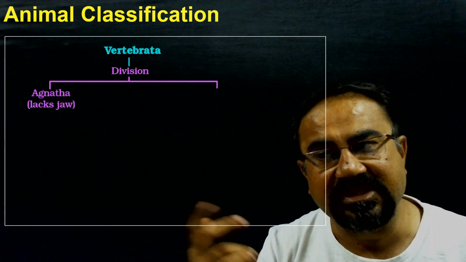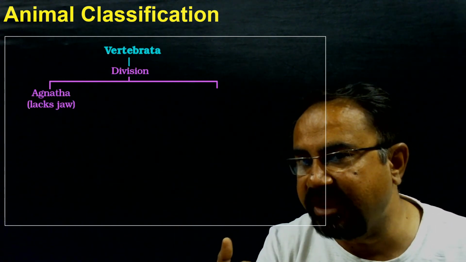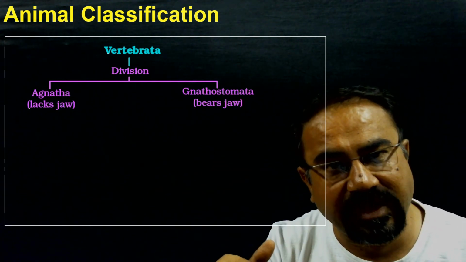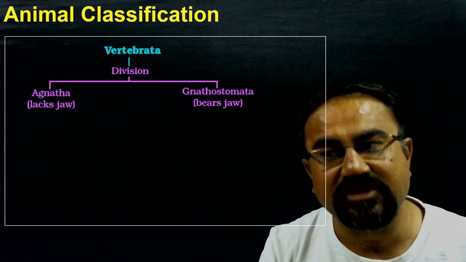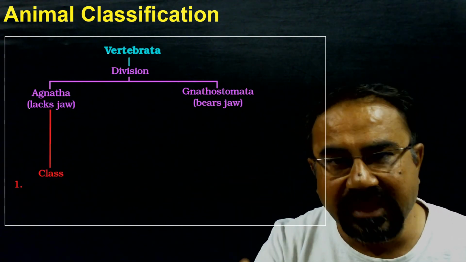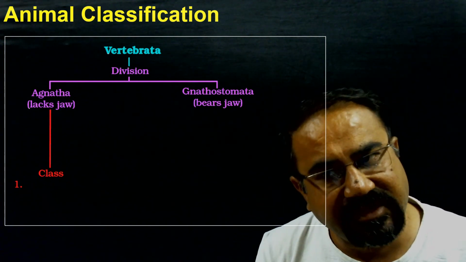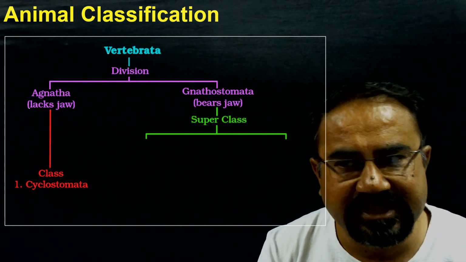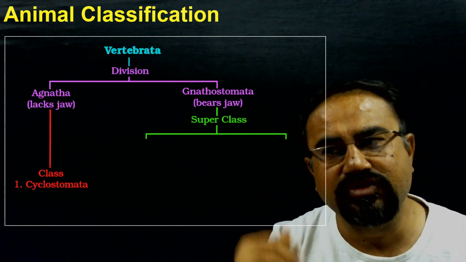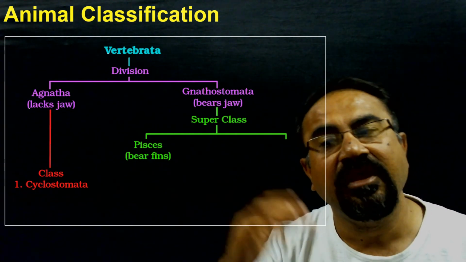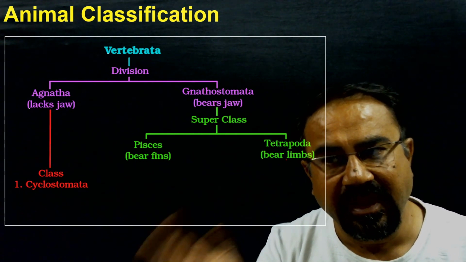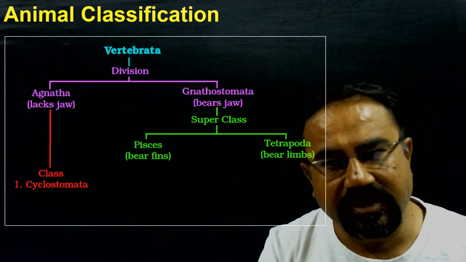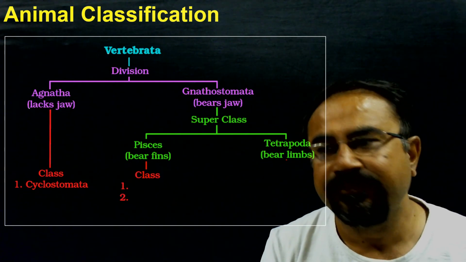There are two main divisions: Agnatha, where jaws are not present, lacking jaws, and Gnathostomata, where jaws are present. Agnatha has one class in our syllabus, that is Cyclostomata, while Gnathostomata has two superclasses: Pisces, which have fins, and Tetrapoda. Tetrapoda means they have four limbs, or they have limbs in general.